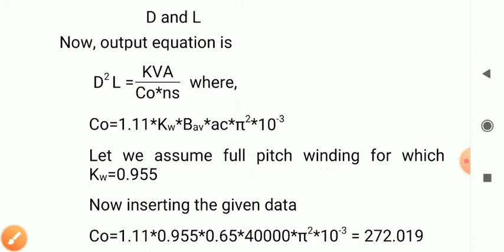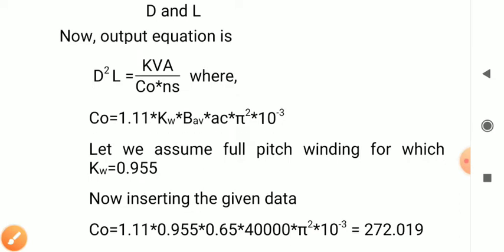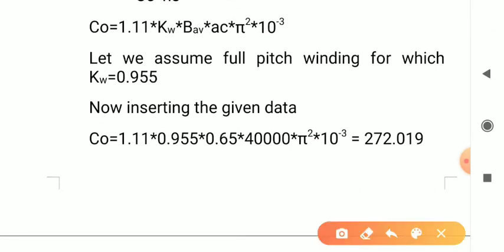So, if we insert other given data in the expression of the CO, then CO is equal to 1.11 into 0.955, that is Kw, into 0.65, that is BAV, into 40,000, that is AC, into pi square into 10 to the power minus 3, and after the calculations we will get 272.019. So, the value of the CO is 272.019.